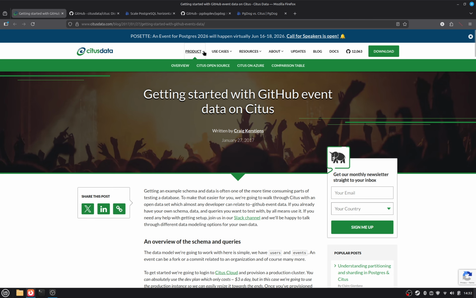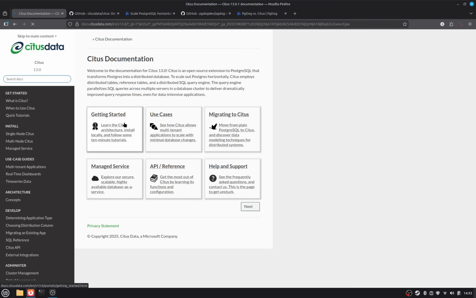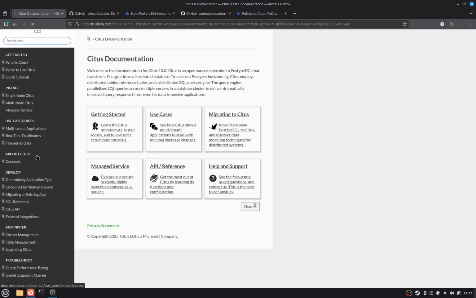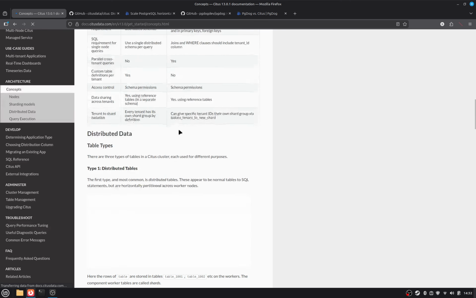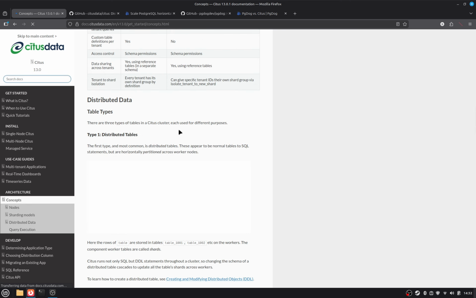And I have not discussed the architecture of this. So let's see if we can see the architecture. I don't remember if it has, yeah, here it is. So the diagram was there, if I remember.